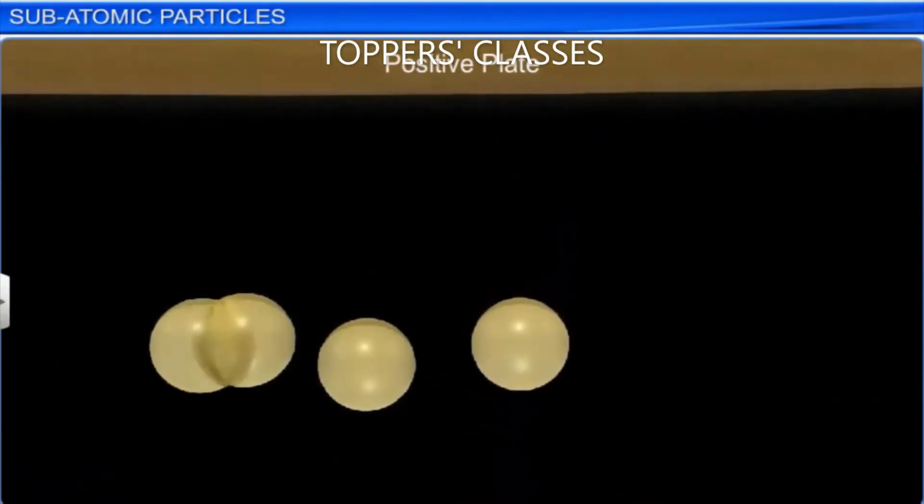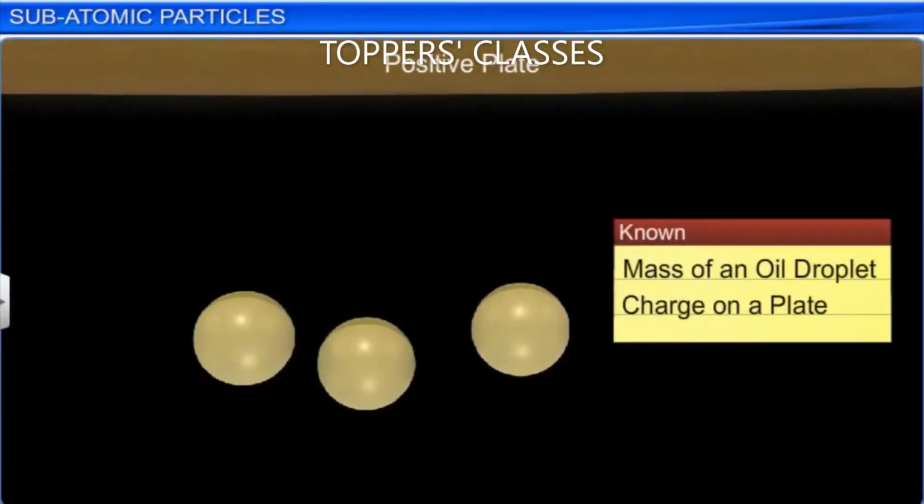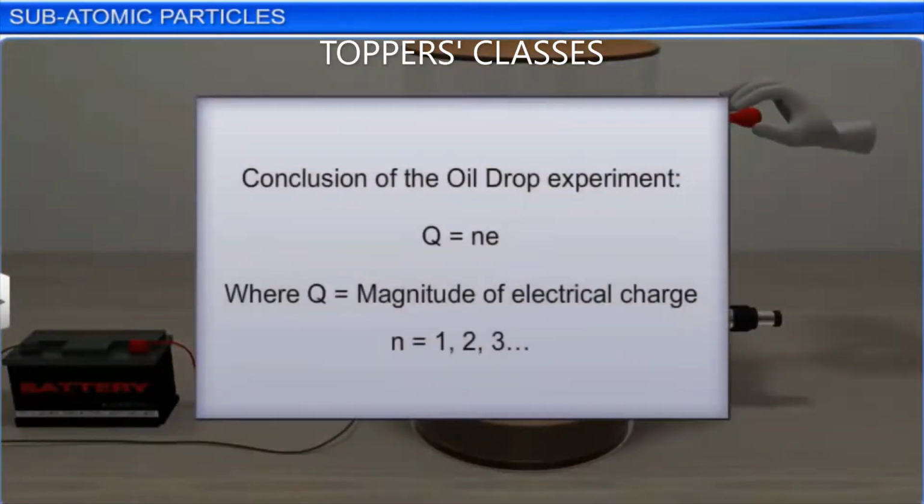He then calculated the charge on the droplet from the mass of an oil droplet and the charge on the plate. He found that the magnitude of electrical charge, q, on the droplets is always an integral multiple of the electrical charge e. That is, q is equal to ne.